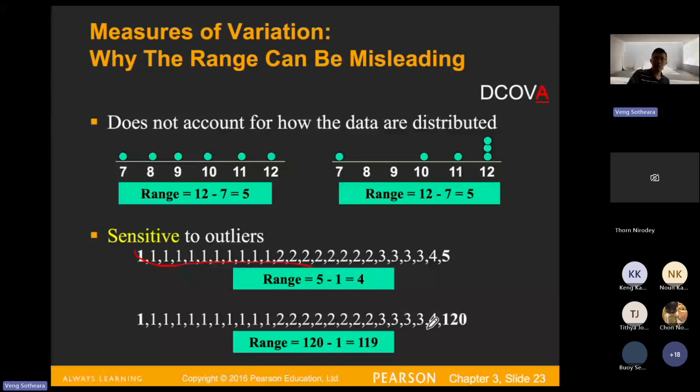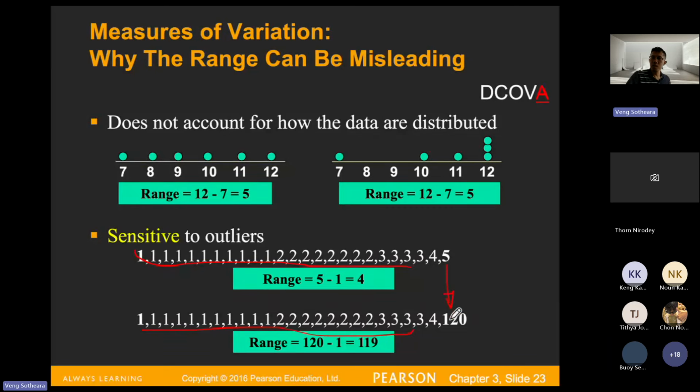But if you look at the second data set, which has just one value different from the above one, the range turns out to be so much different, even though in general most fish are quite similar to the first group.